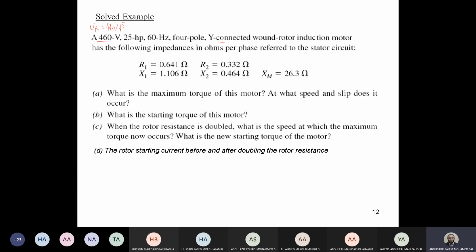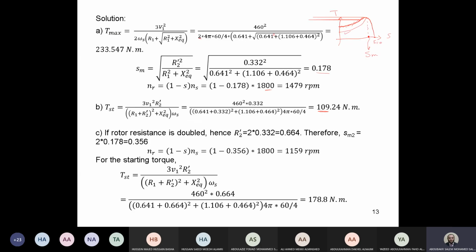If we return again to the characteristic here, let's draw another characteristic because now this one is not clear. So if this is the first characteristic, we expect to have the second characteristic by adding resistance. We know that maximum torque will be constant when adding resistance because, as you can see here, this is the relation of maximum torque.